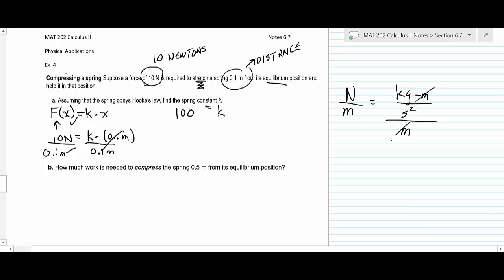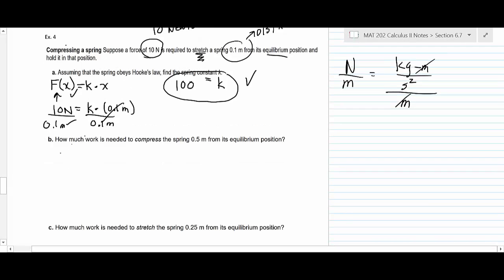So k is just going to be some sort of constant force. So what you're going to do now is find that spring constant, and then we're going to solve some problems on that. If you're given a force required to stretch a spring a certain distance, then you can always find k like that, and that would be 100.